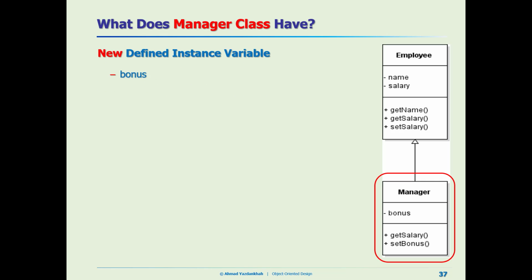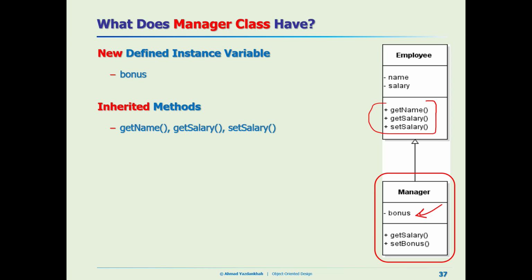First of all, we defined a new instance variable bonus. So definitely the manager class has the bonus, right? And also it is inheriting all of the public things, which are these three.